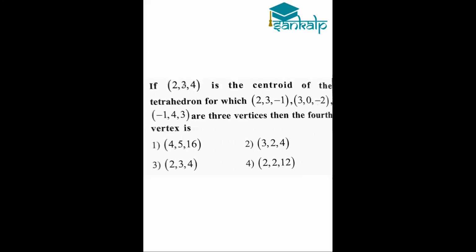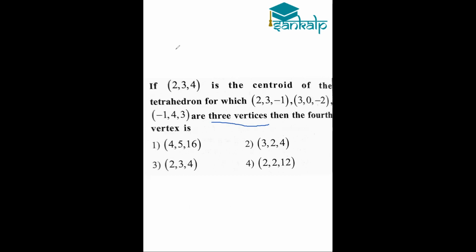The next question: if (2, 3, 4) is the centroid of the tetrahedron for which (2, 3, -1), (3, 0, -2) and (-1, 4, 3) are 3 vertices, then the fourth vertex is? So 3 vertices of the tetrahedron are given. We need to calculate the fourth vertex.